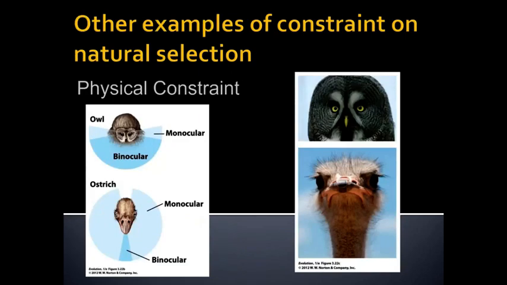So let me give you an example of some other antagonistic effects that put constraints on evolution. And there are genetic levels here, but this is really complex morphological traits. So this is an example of a physical constraint that's similar to that antagonistic pleiotropy.